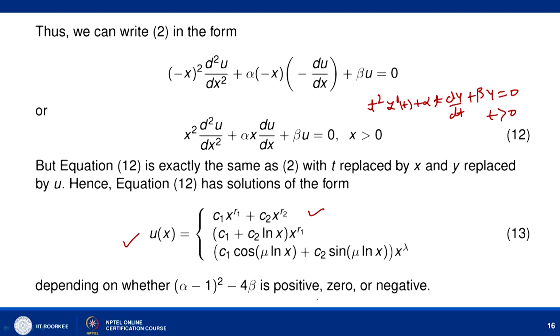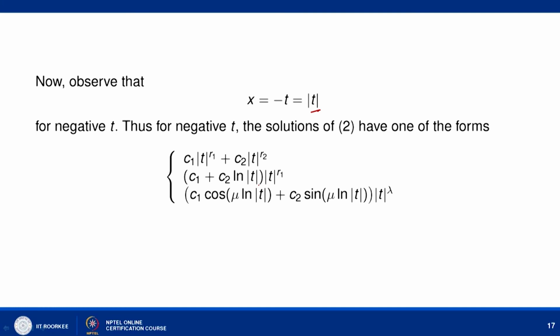So, if we summarize the solution given in this case when x is greater than 0, or we can say that t is less than 0, then x is written as minus t, which I can write as modulus of t. If we combine the general solutions for t positive and t negative, the solution is C1 modulus of t to the power r1 plus C2 modulus of t to the power r2 when the discriminant is positive.